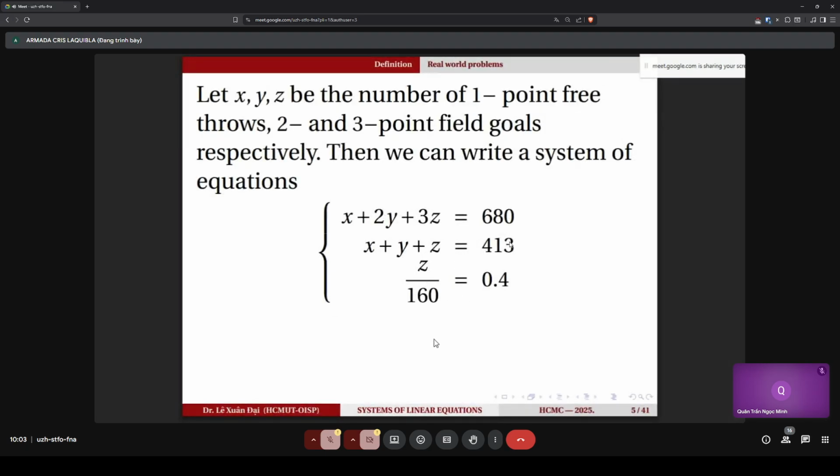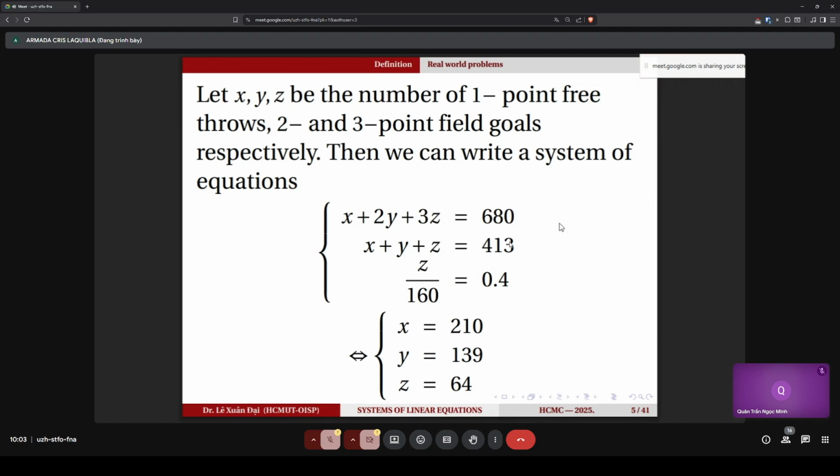Okay, it's easy to do the z first here. Just multiply 160 by 0.4 and you will get 64. And substitute it here in the values. Your calculator can solve that already. Just transfer the numbers there. You have there x plus 2y is equal to 680 minus 3 times z, which is 64.